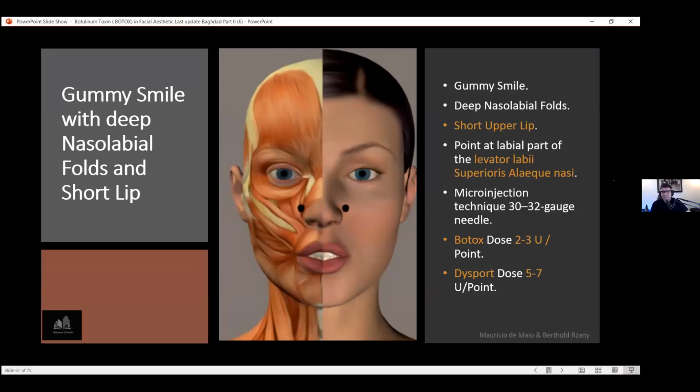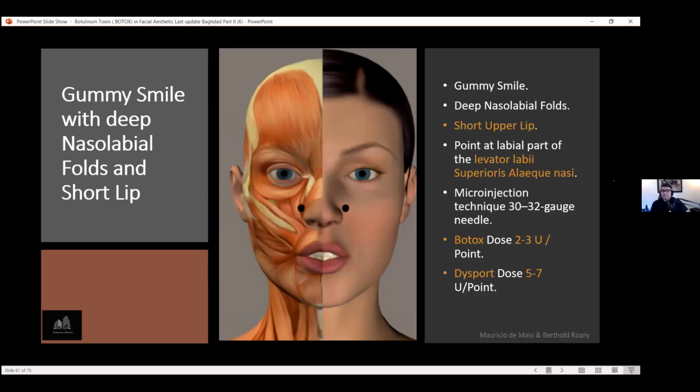So we have a wide smile with a deep nasolabial fold. First technique. You have to tell your patient, we have a deep nasolabial fold with your heavy or wide smile.